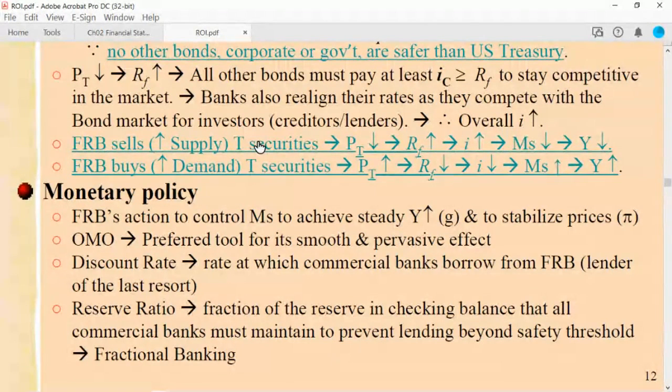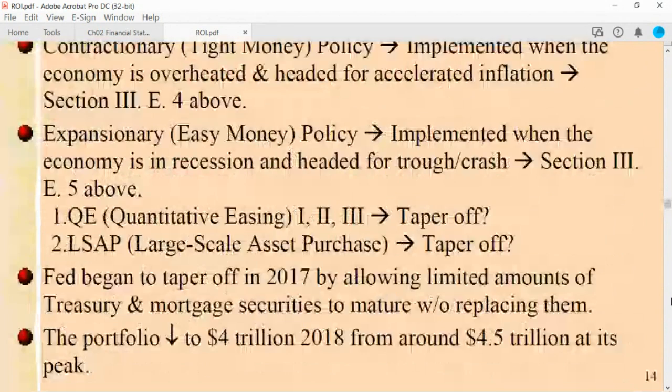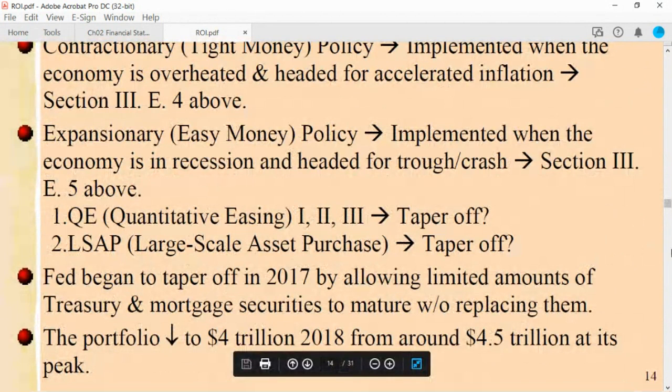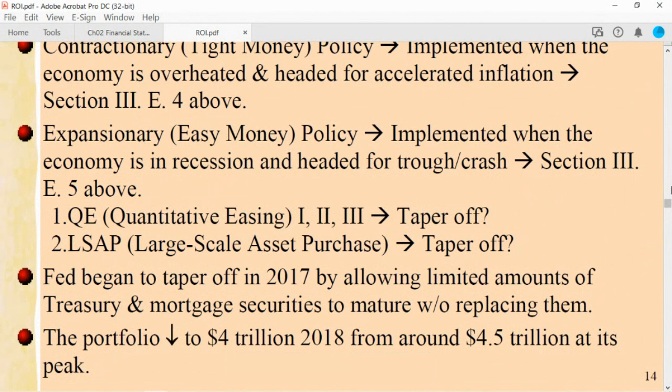Now then, quantitative easing was also called large-scale asset purchase, LSAP. Why is it called large-scale asset purchase? Literally, quantitative easing is an easy money policy, expansionary monetary policy, meaning you ease up the money supply on a massive scale.